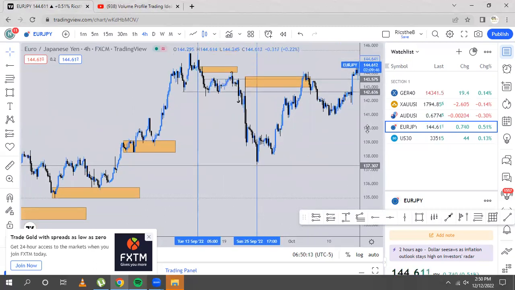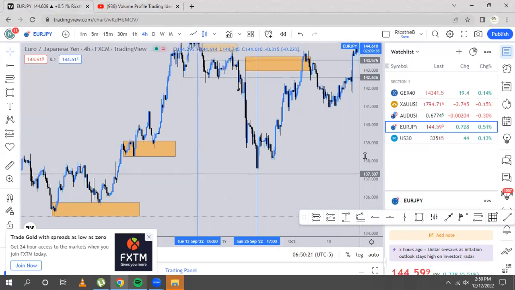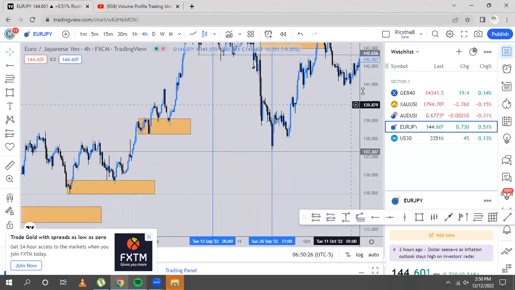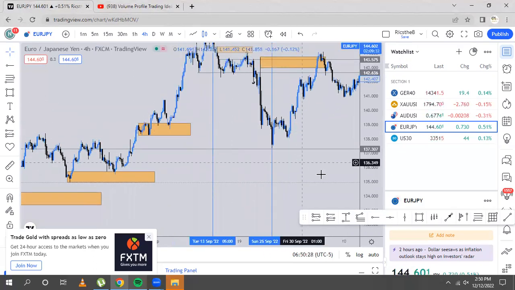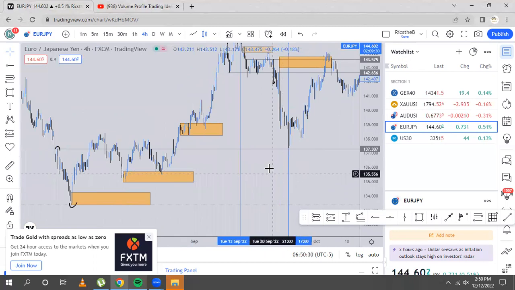It's a really complicated topic, supply and demand. Again, it's not really a must for you to learn how to identify it, but it's an additional thing to your trading. It adds confluences to your trading.